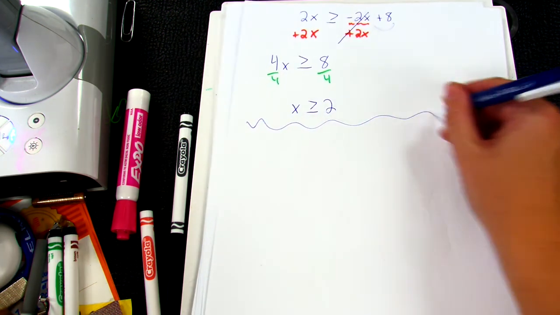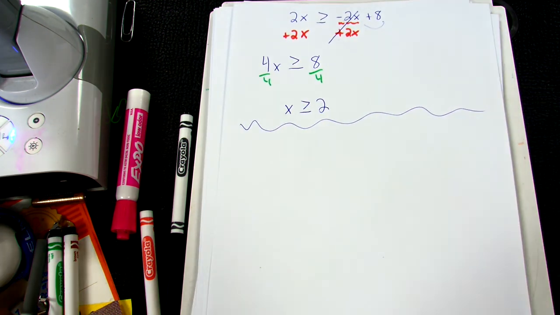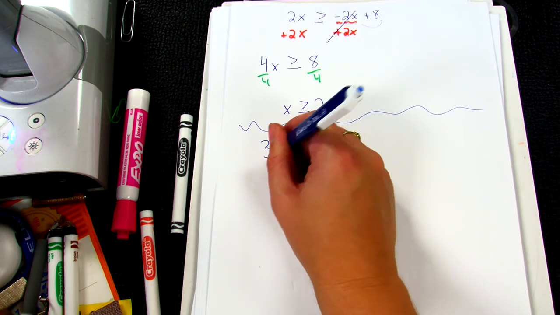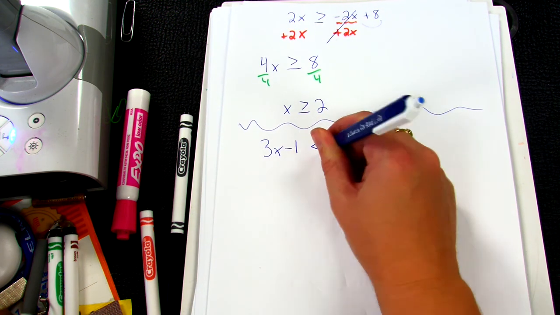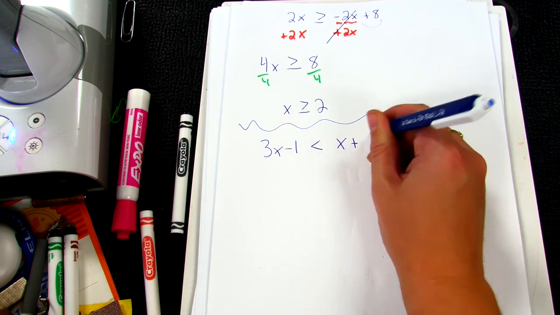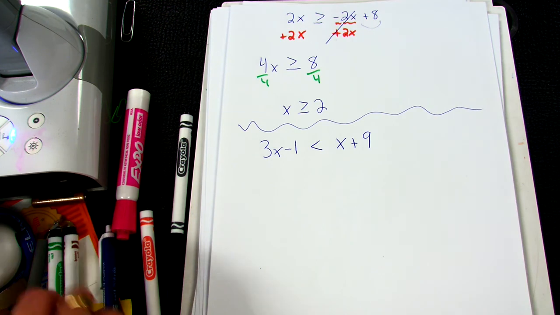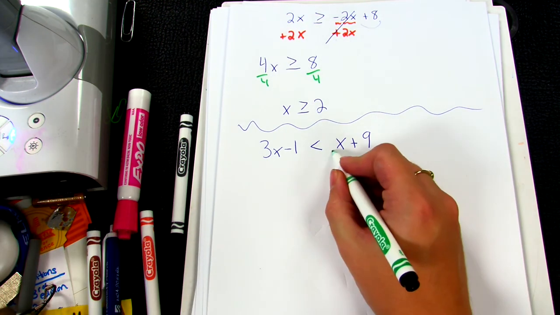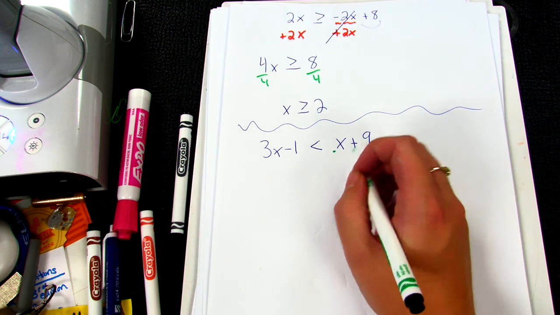All right, next example. We have 3x minus 1 is less than x plus 9. So again, I want all of my variables on the left-hand side, and this x is in the way. This is a positive x.